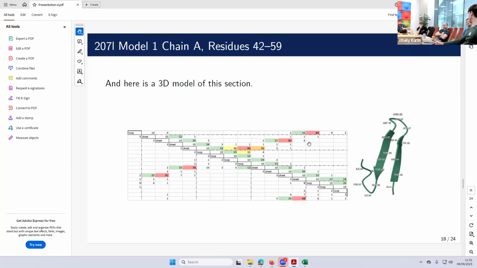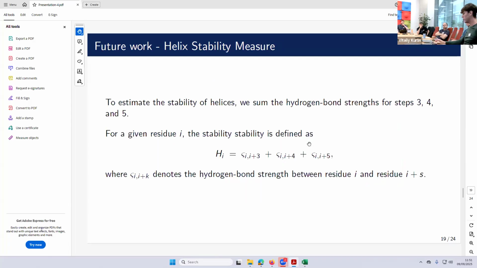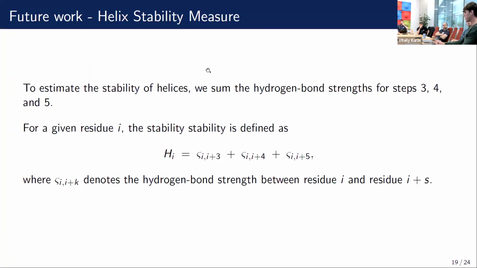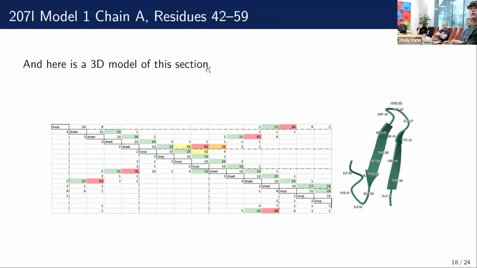Does anyone have any questions about any of them? Sorry, the numbers, are they your predicted strength using the strength function? Yeah, so that's a scale of 1 to 100. So where's the actual data in that sheet about hydrogen bonding? So the entries are the strengths of hydrogen bonds between residuals.